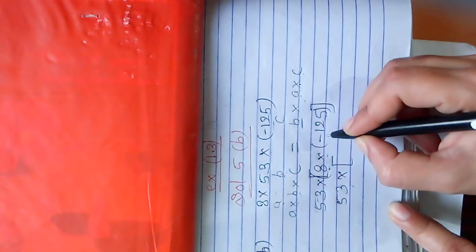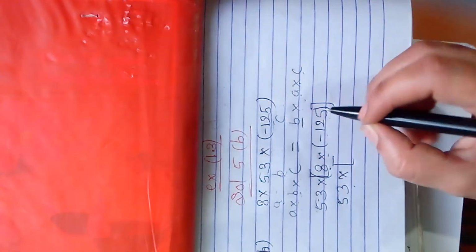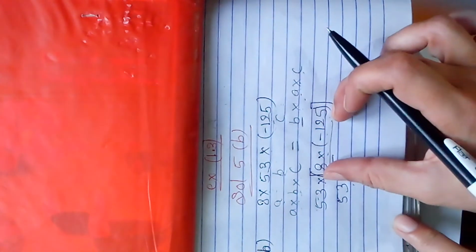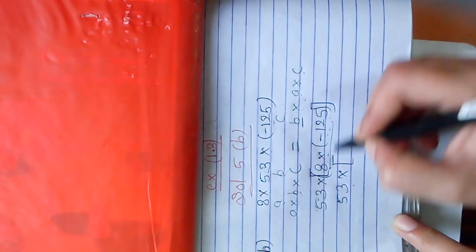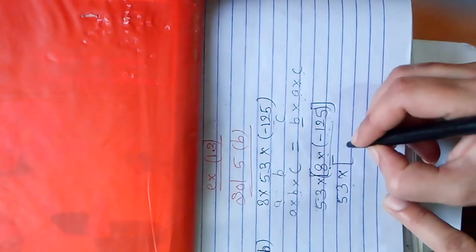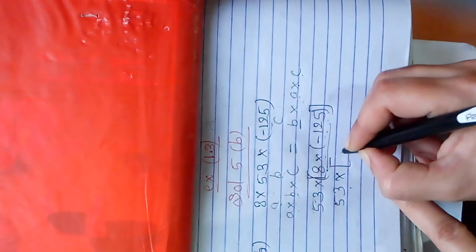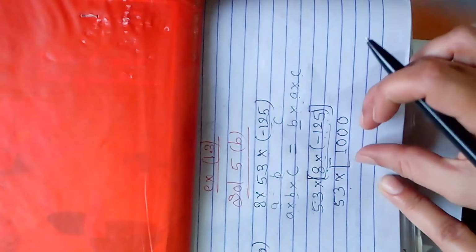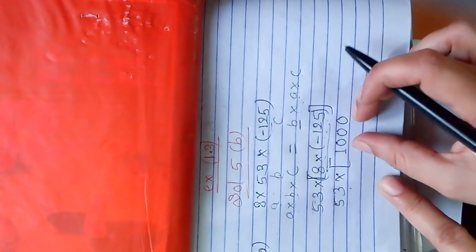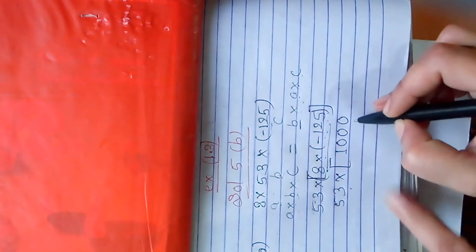8 into minus 125. Why will I take these two terms together? Because if I multiply 125 with 8, directly I will get 1000, in the form of zeros.